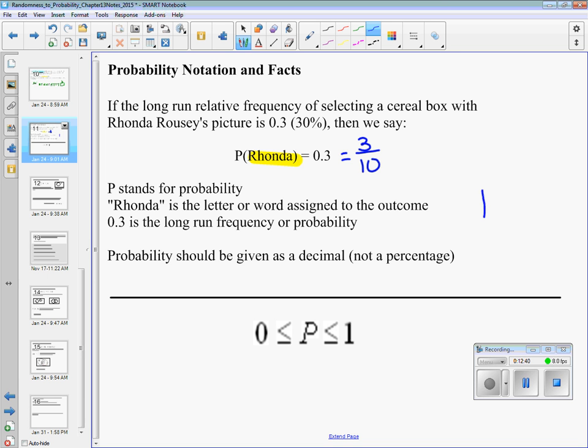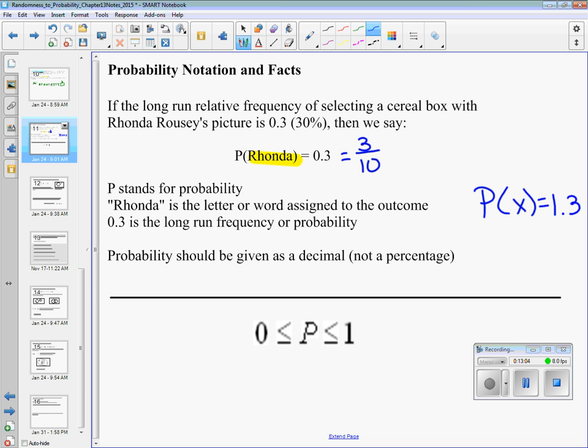If I ever get a probability of something equal to 1.3, and that happened on some of your tests, you told me how likely something was to happen, and some of your answers were like 2.7. What? Why does that make no sense?